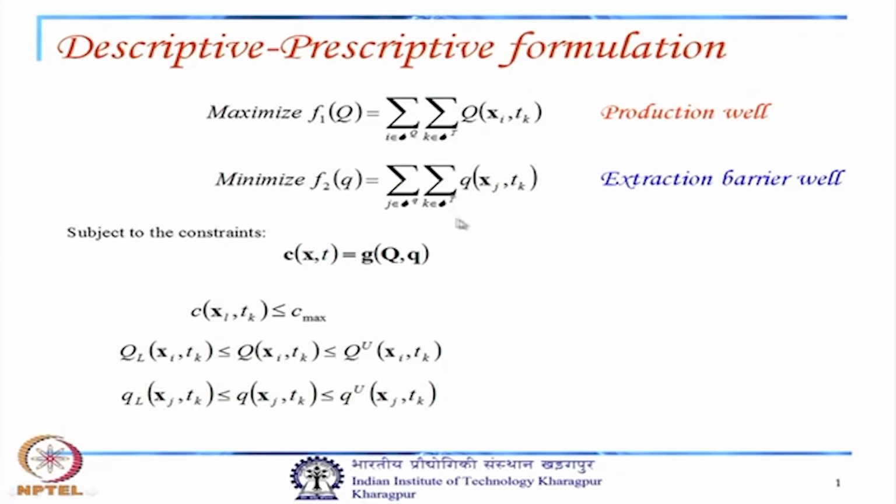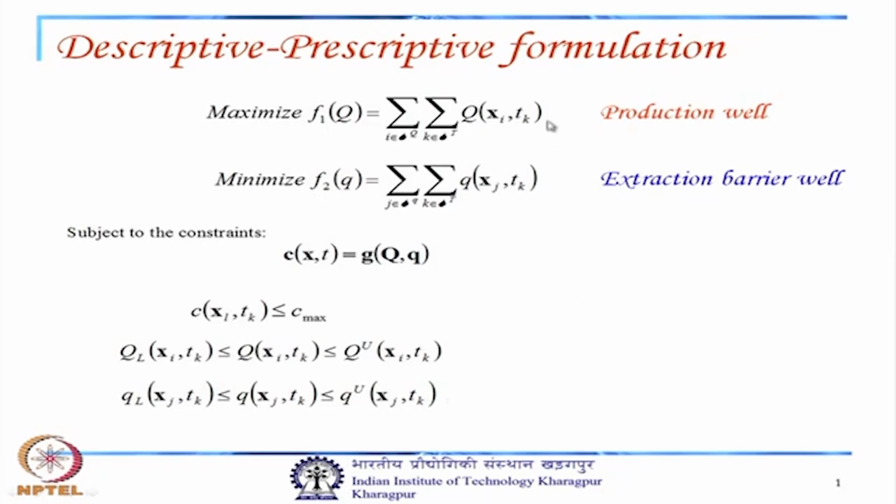In case of the simulation optimization problem, we directly use the simulation model as a binding constraint within our optimization model, but we link it externally using any ready-made simulation model, or we can write our own code, but we link it externally with the optimization model.